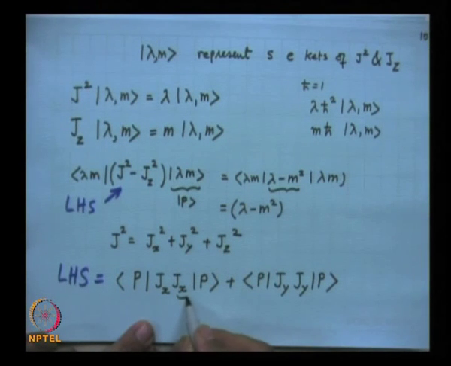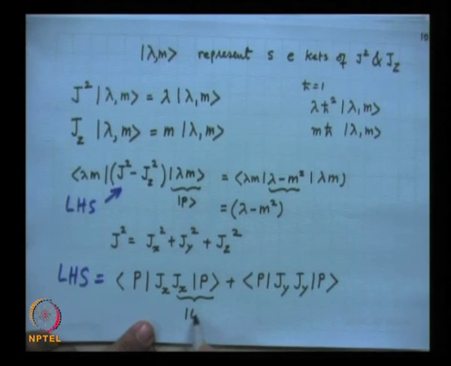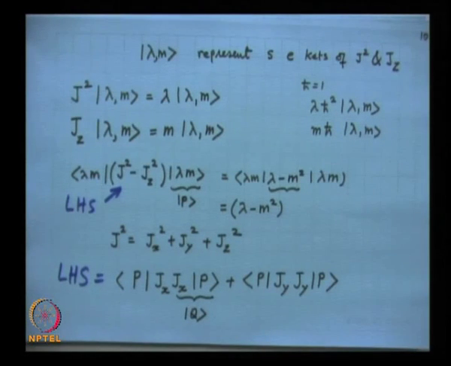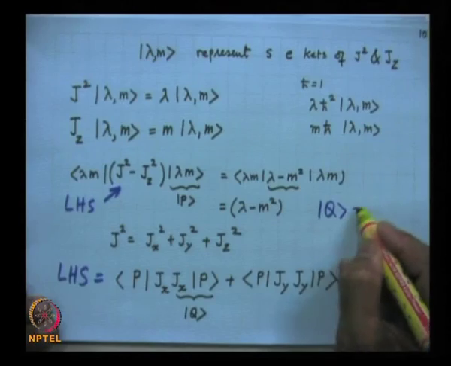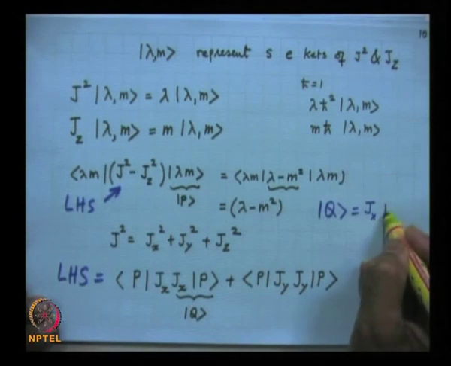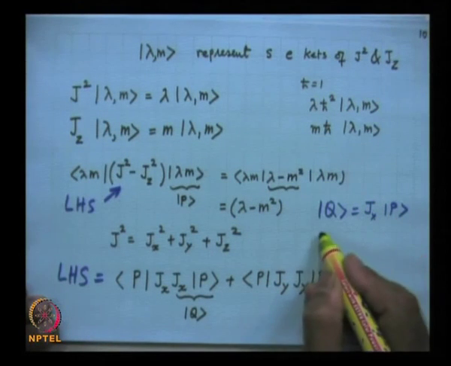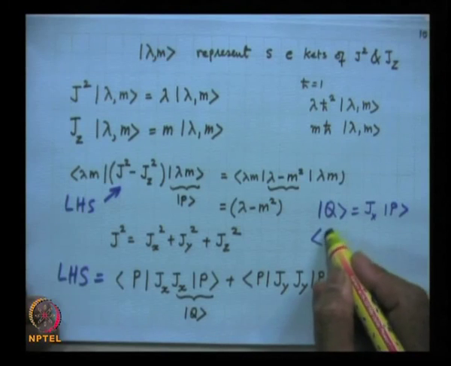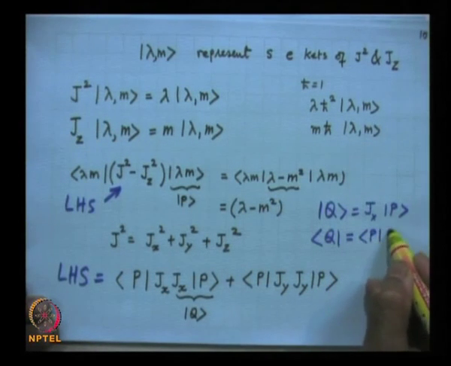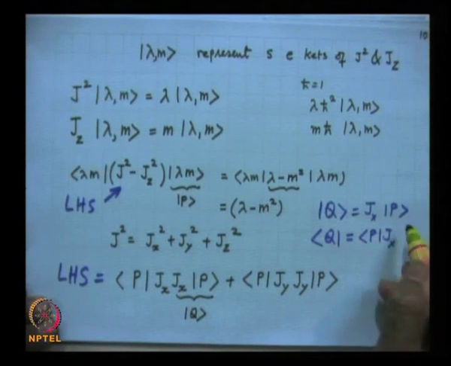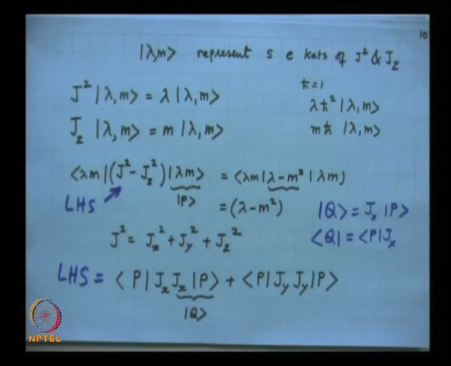Let this be ket q, j x ket p. Ket q is defined as j x ket p. So, the conjugate of that is bra q, this is bra p j x bar, but j x bar is j x because it is an observable.